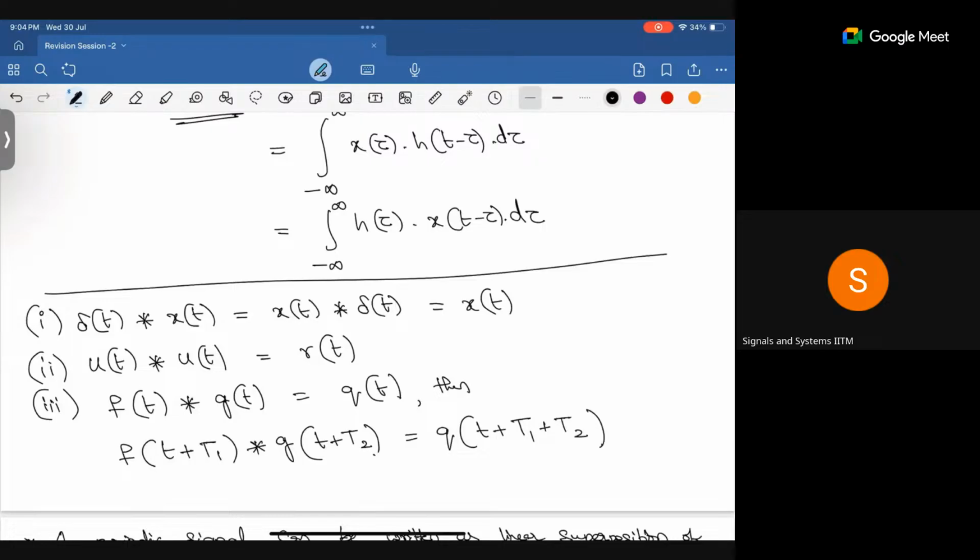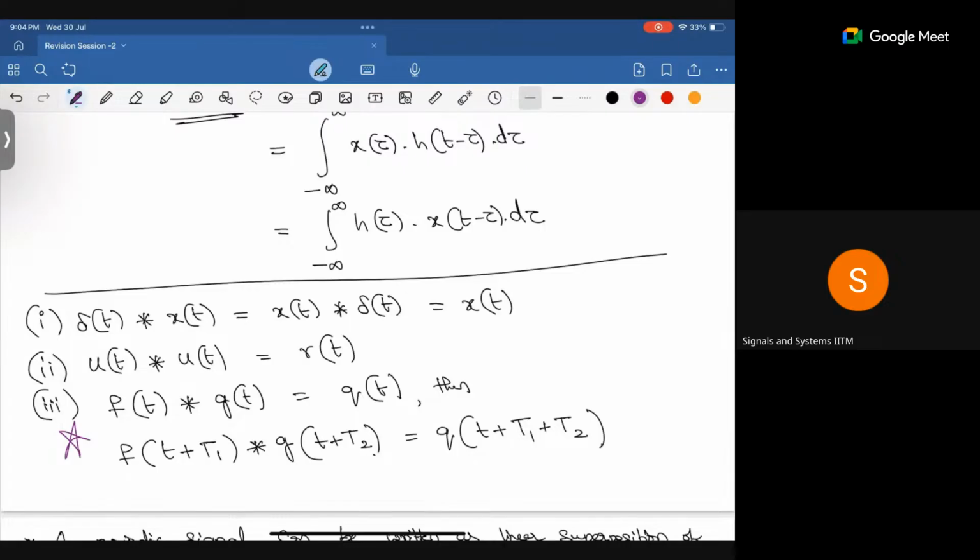Let's not do this here, but this is one important property which we can use rigorously to simplify the convolution.